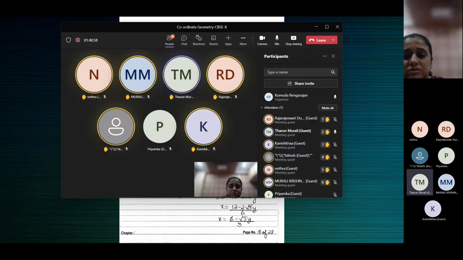Ma'am, I got 6 minus root 3 y by 3, whole square, plus y square is equal to 12 now. Okay, so you're there, is it? You'll have to continue from there.